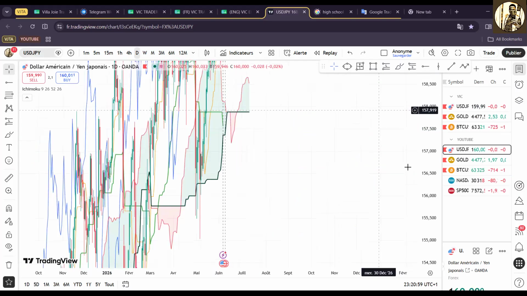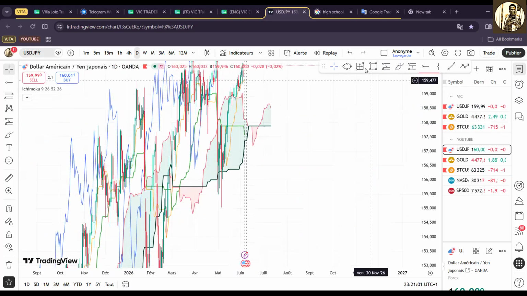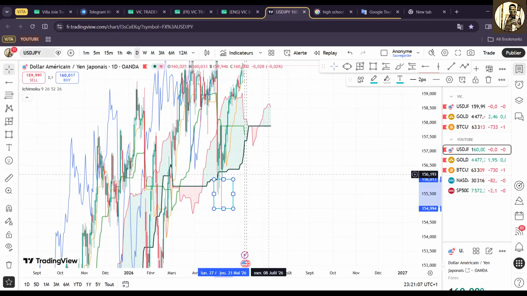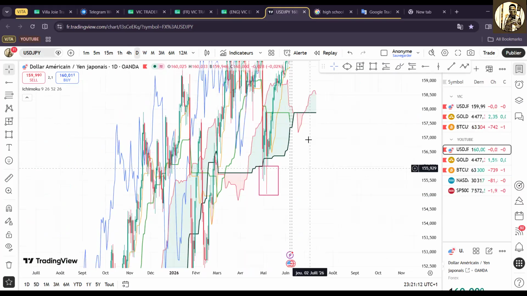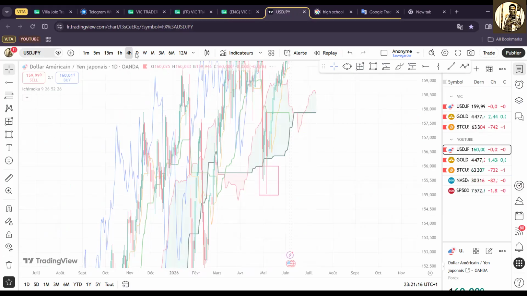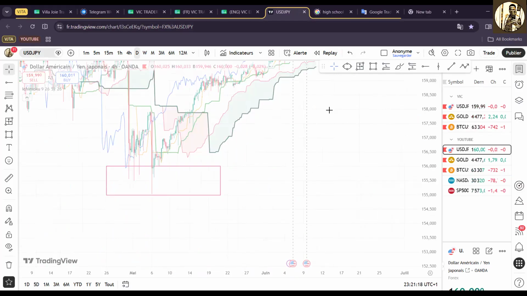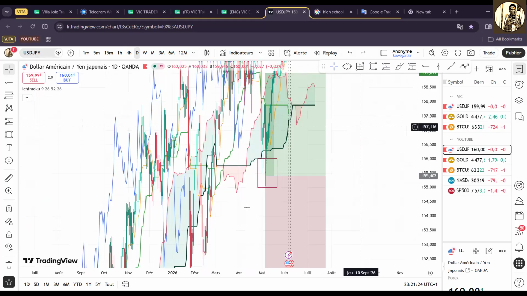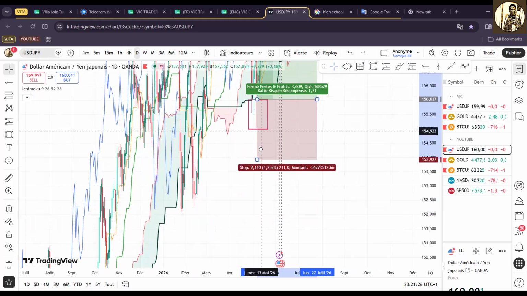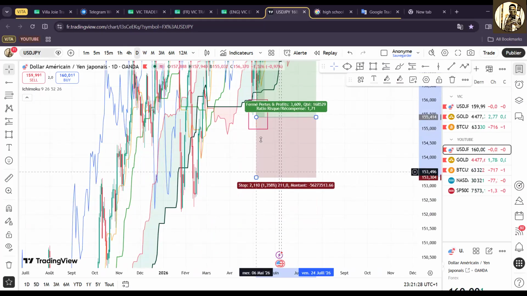Let us say, for example, you had this daily setup here on FFB, and you enter a position somewhere on H1, somewhere here, and then you place a stop loss like this.